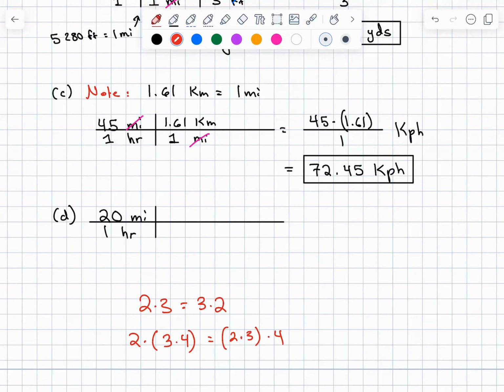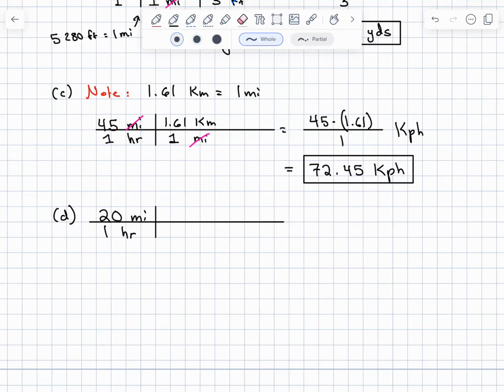So with those 2 properties in mind, it doesn't matter which ones we do first. In this context, this means we can either convert the miles to feet first, or we can convert the hours to seconds first. So it doesn't matter which one. You guys want to convert the miles first or the hours first? Miles. It's on top, probably best.